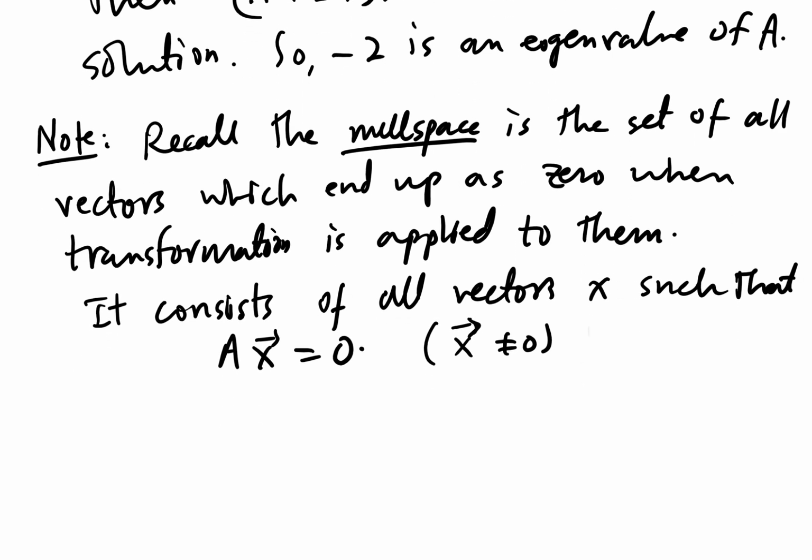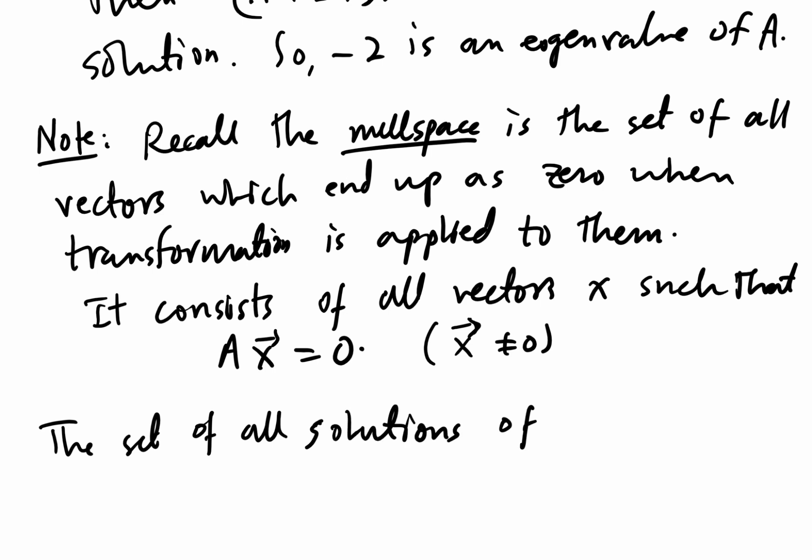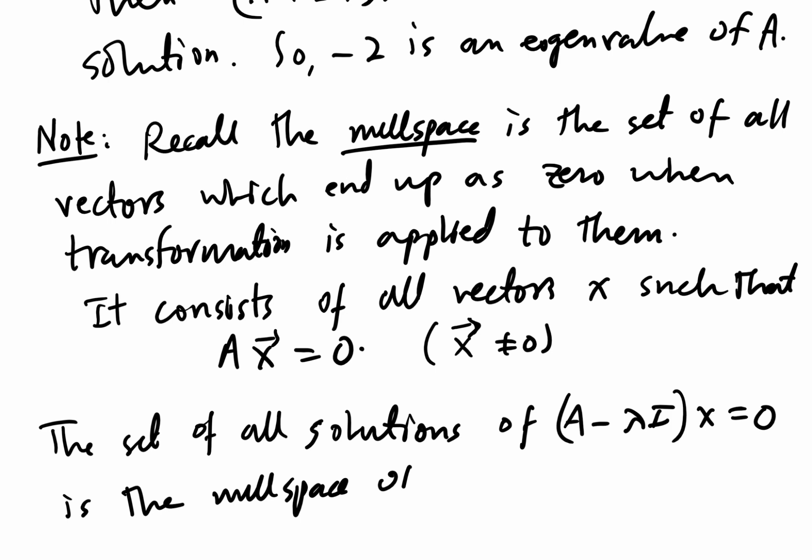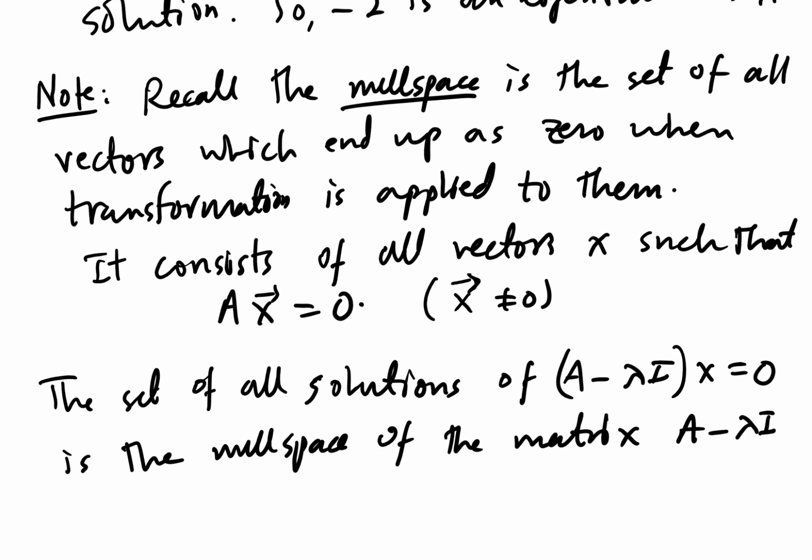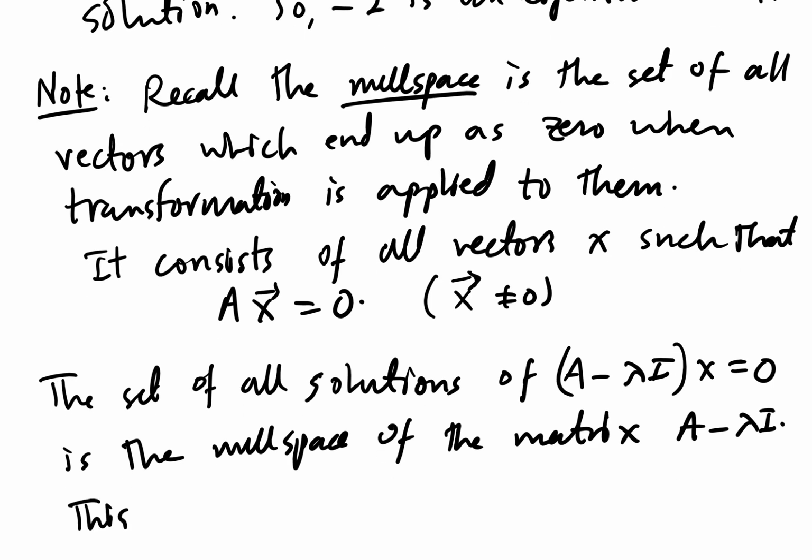So in this case, we say the set of all solutions of A minus lambda I, remember how we had 2 here, or negative 2, x equals 0, is the null space of the matrix, not matrix A, but A minus lambda I. This is a subspace.